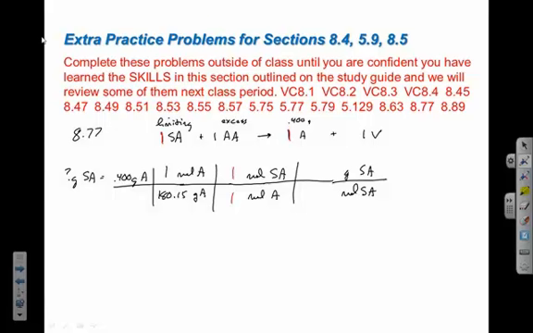The salicylic acid is C7H6O3, so 7 carbons plus 6 hydrogens plus 3 oxygens is 138.12 grams per mole. So all my units here are canceling except the units I want.